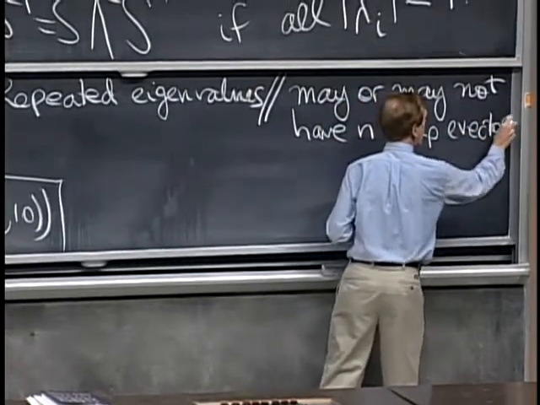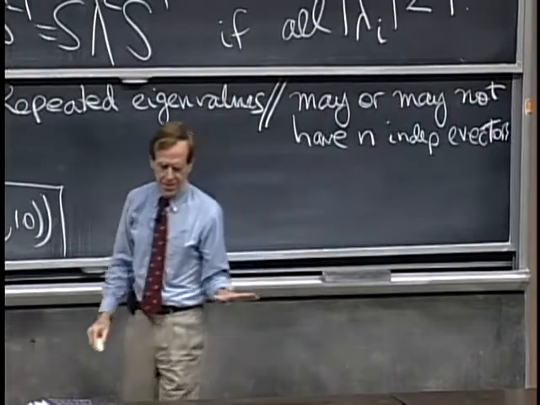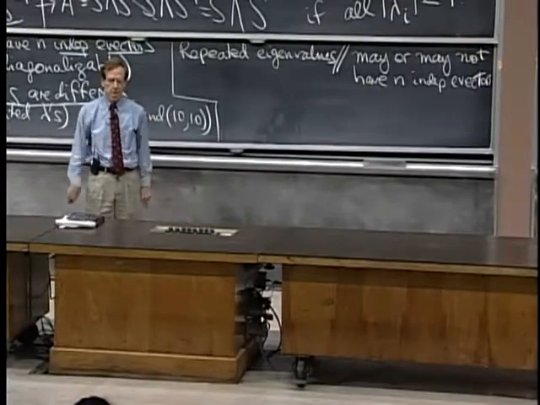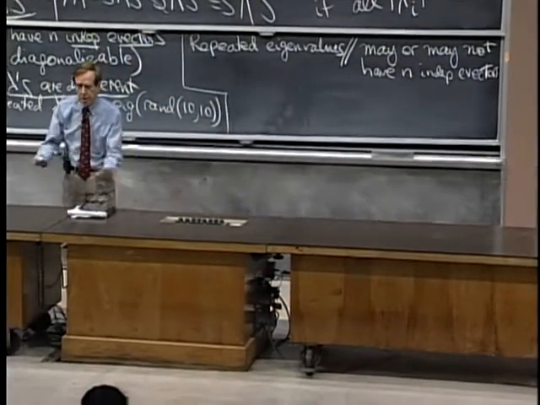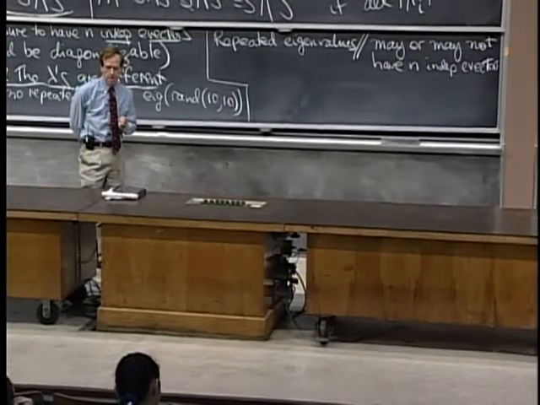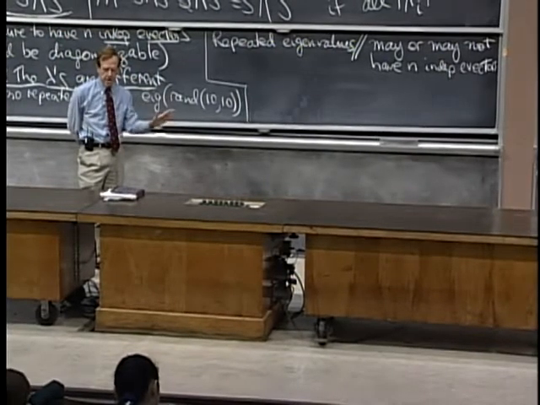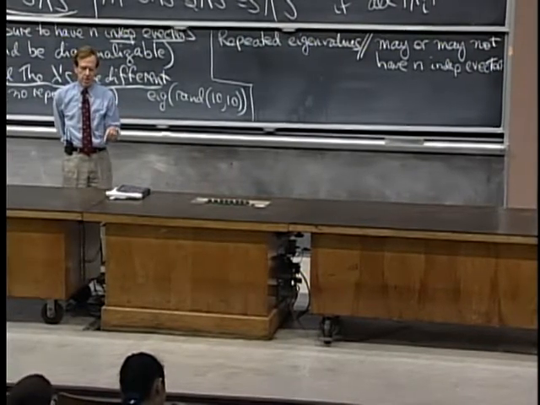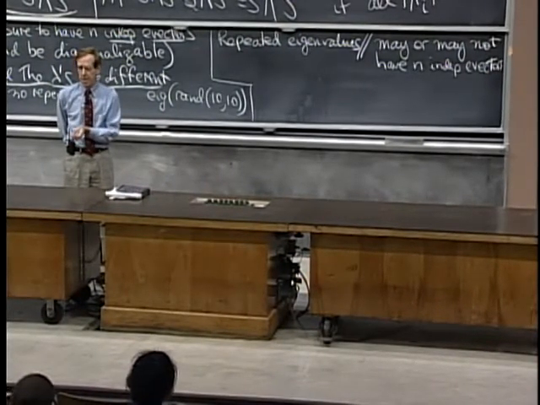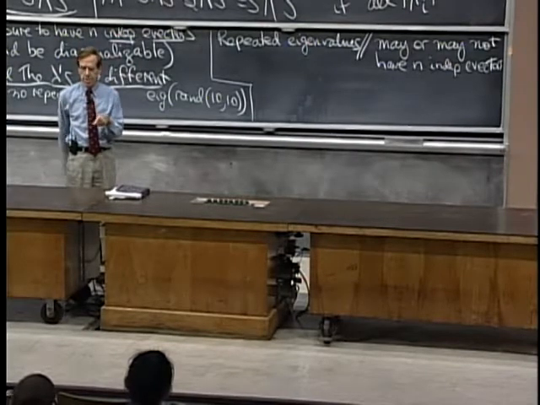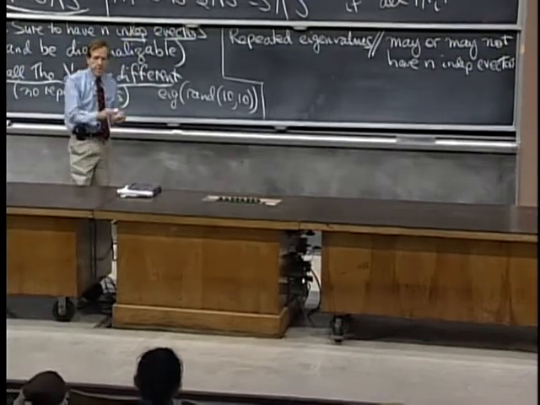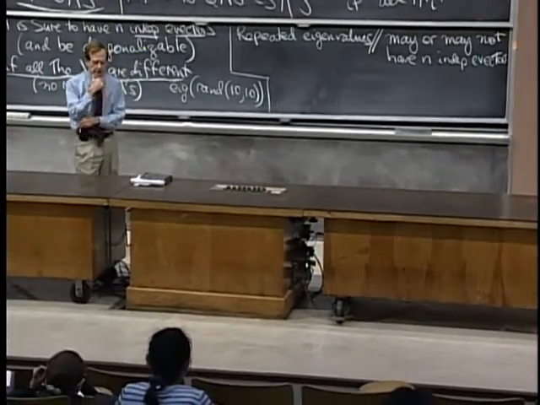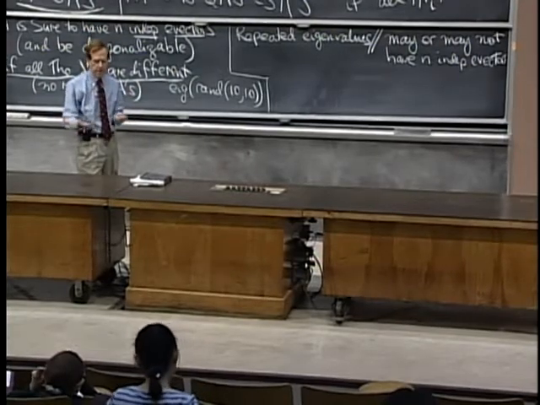I might. This isn't a completely negative case. Suppose I take the 10 by 10 identity matrix. What are the eigenvalues of that matrix? If I look for its eigenvalues, they're all 1s. So that eigenvalue 1 is repeated 10 times. But there's no shortage of eigenvectors for the identity matrix. In fact, every vector is an eigenvector. So I can take 10 independent vectors.